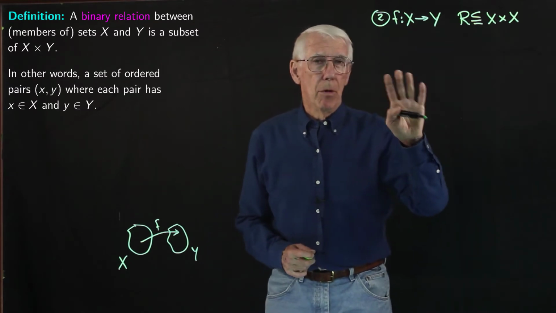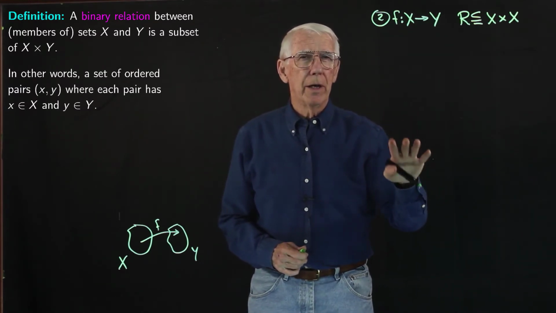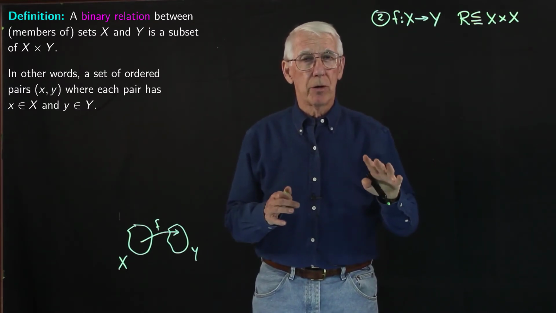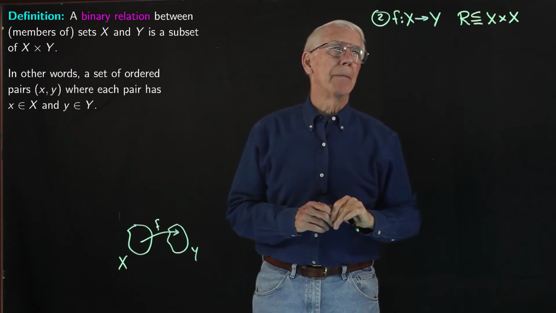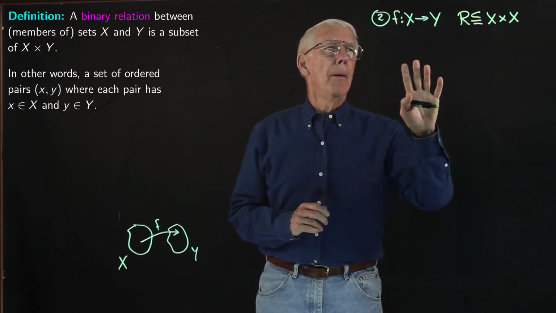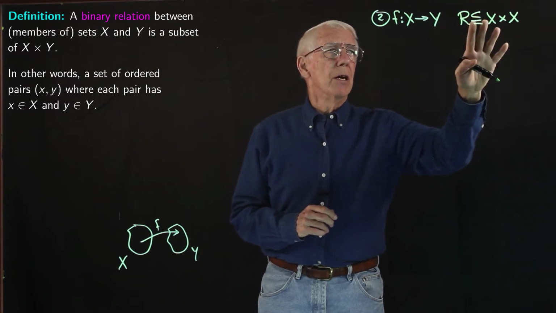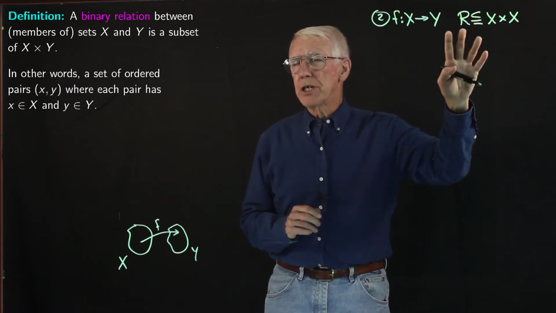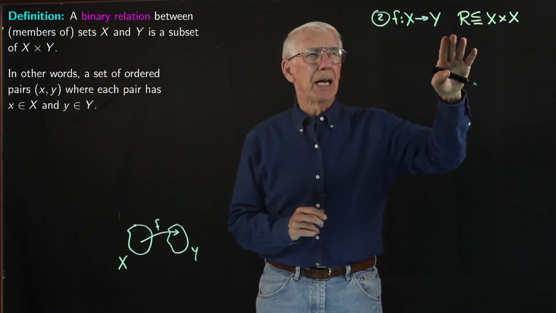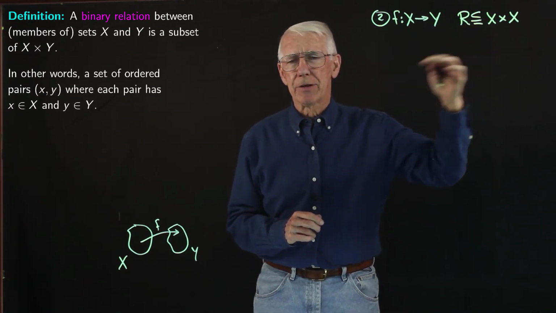In fact, most of the relations we're going to deal with today, and most of the relations we deal with in economics, are relations like this. They are relations between members of the same set. We sometimes say a relation on X for that.